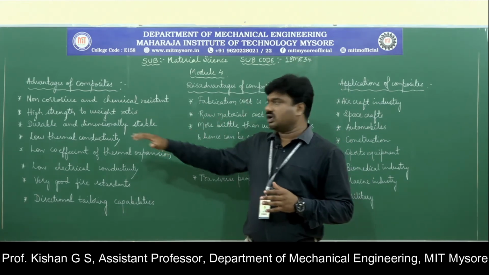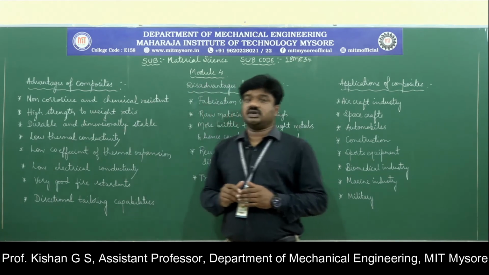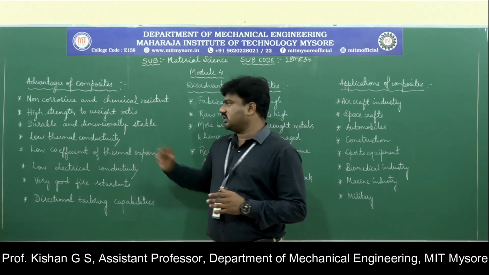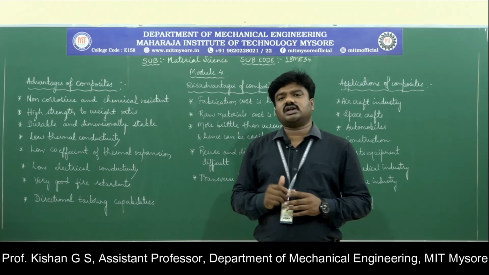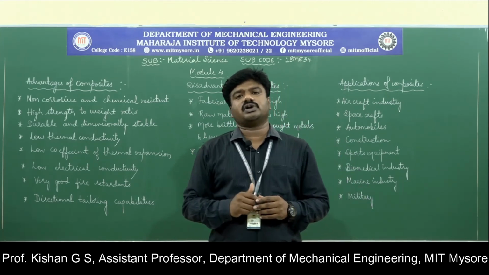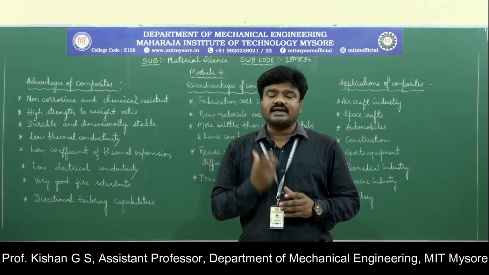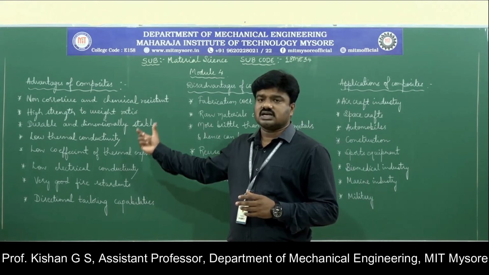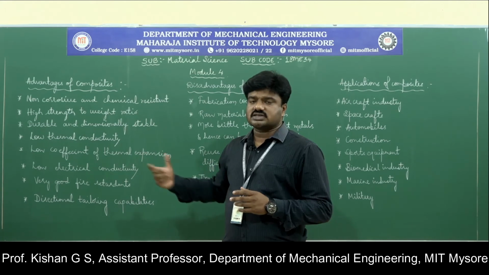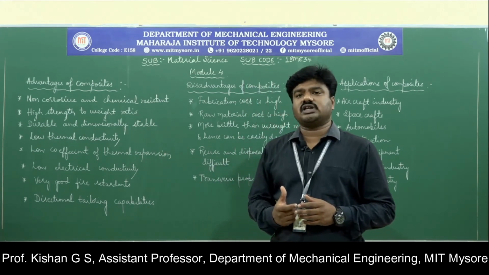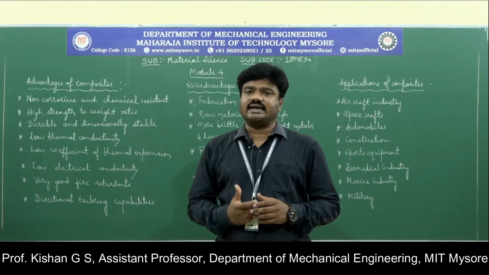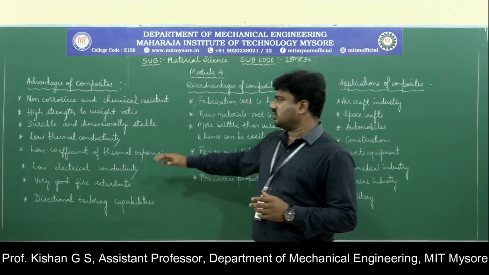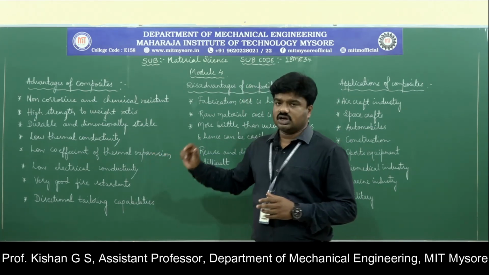Hence it leads to the major parameter called durable. Next comes low thermal conductivity. Thermal conductivity is the capacity or property of a material to conduct heat energy. Since it has low thermal conductivity, it is an added advantage for the composite material because it doesn't conduct heat. Next comes low coefficient of thermal expansion.